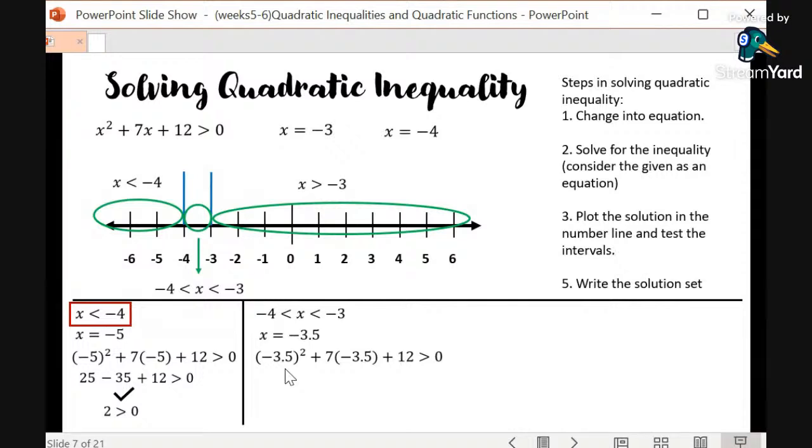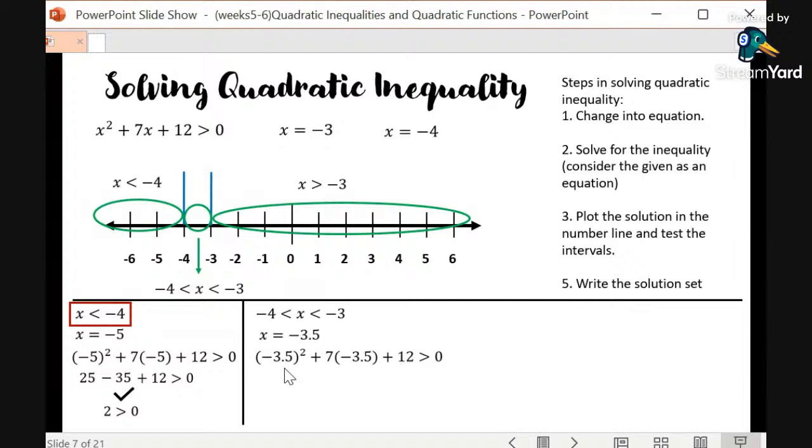So what is -3.5 squared? Ano po ang sagot? -3.5 squared. Ano po kaya ang sagot dyan? Okay, the answer is 12.25.